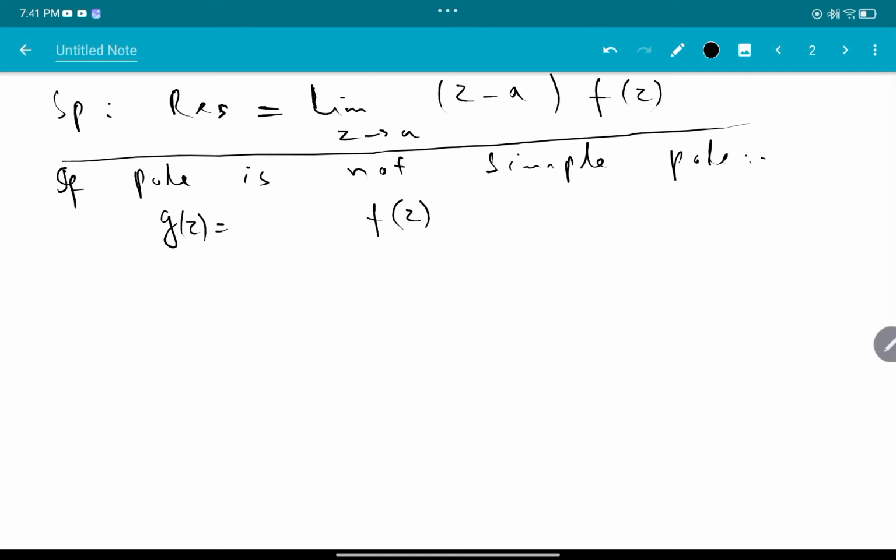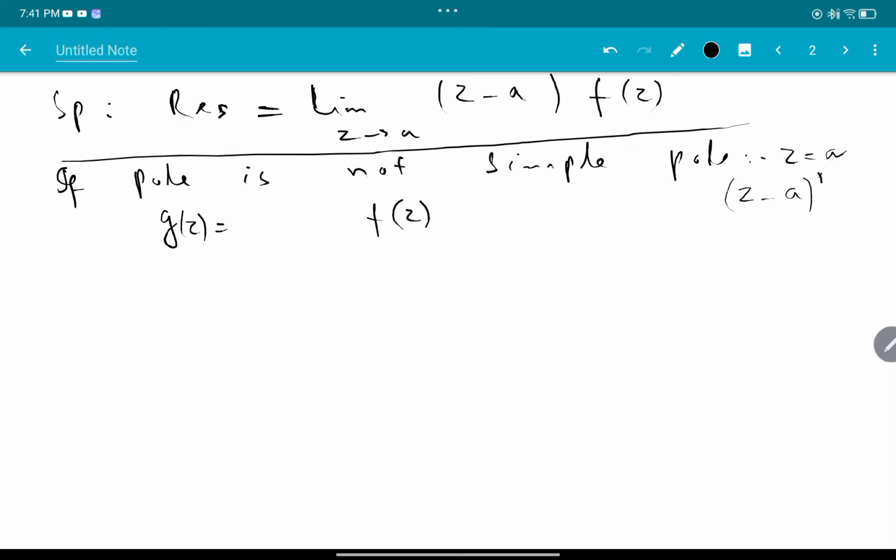the singularity factor. Which singularity factor? That where the pole is. First of all, let the singularity be at z equal to a. It is a pole, but it has an order. Now it does not have this, (z minus a) is not raised to 1. It has some power other than 1.